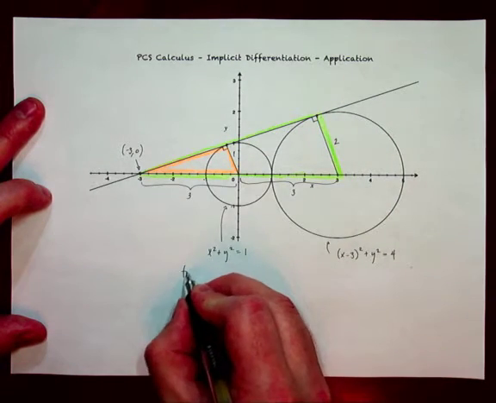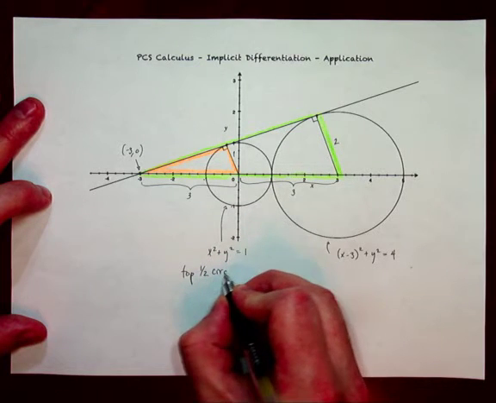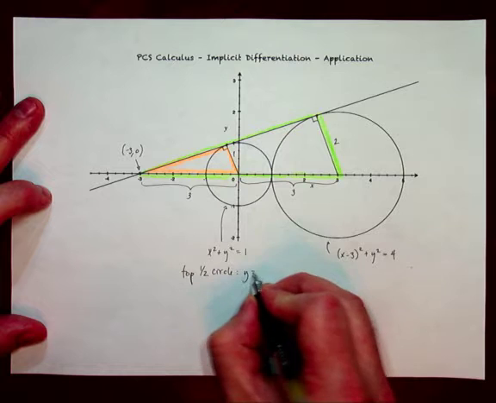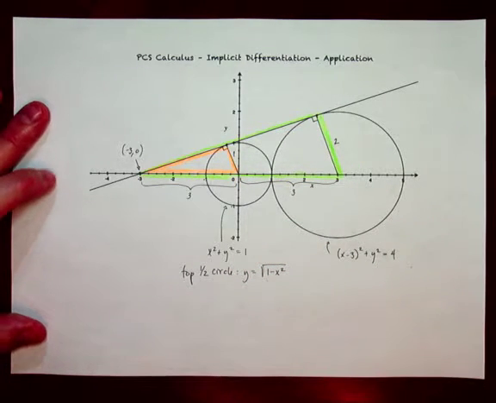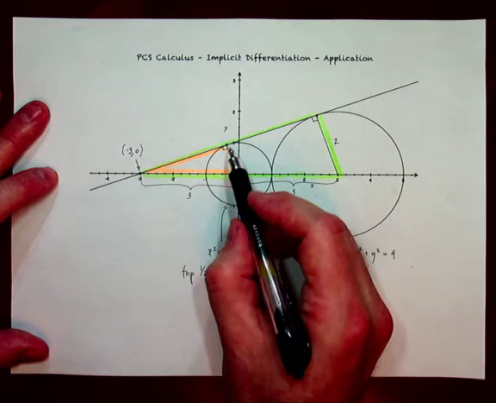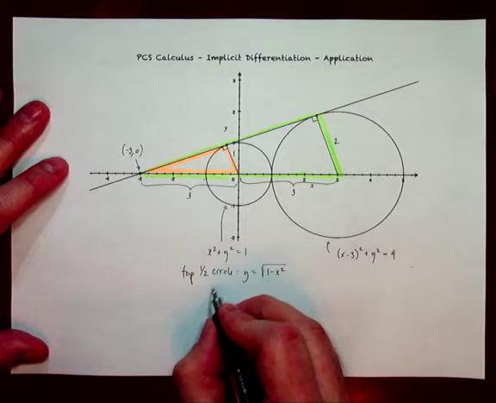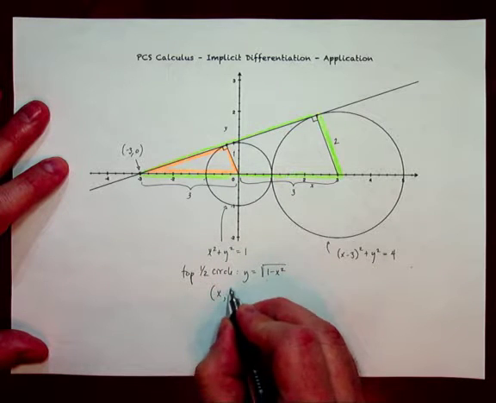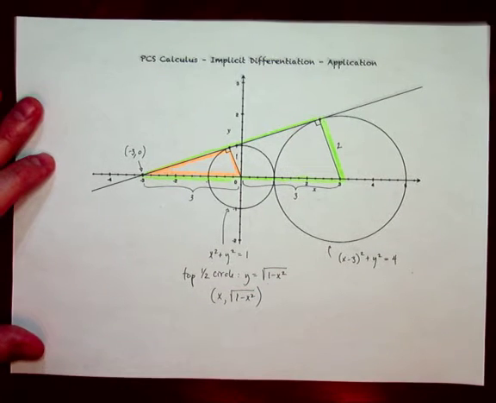The top semicircle is y is equal to the square root of 1 minus x squared. Therefore, every point on that top curve has the form (x, root of 1 minus x squared).